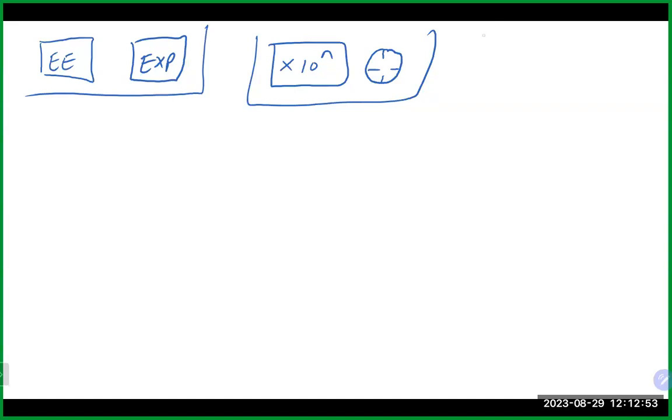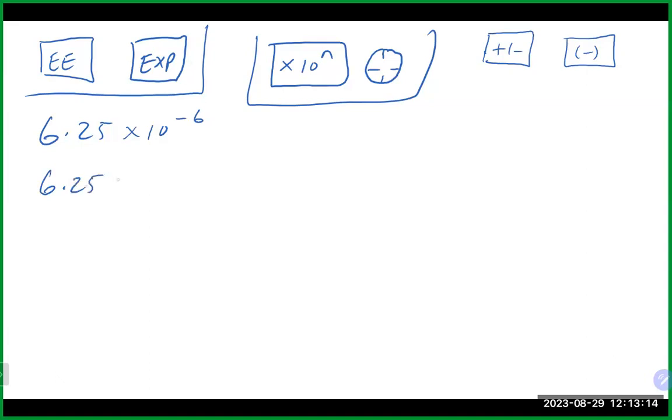Also other buttons, negative buttons, usually look like this, positive, negative, or something like that. You should not use the subtract button, right? When you're punching something in that has a negative exponent. So if you want to type something like 6.25 times 10 to the minus 6 into your calculator, proper way to do that is 6.25. You should hit your exponent button, either one of those.